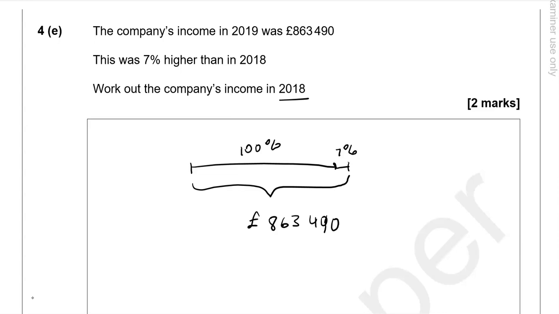So what we're going to do is divide this by 107, because that's how many percent that represents, and then multiply by 100 to get the original amount. So 863,490 divided by 107 gives us 8,070.